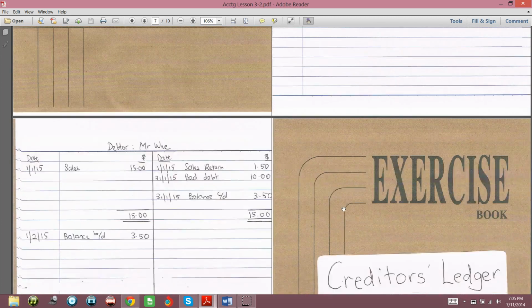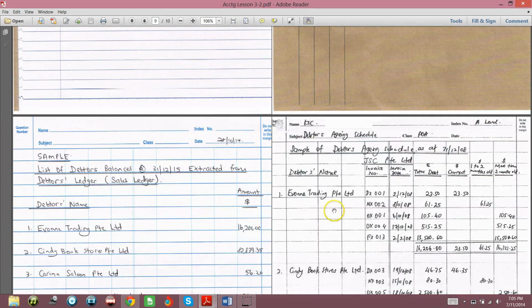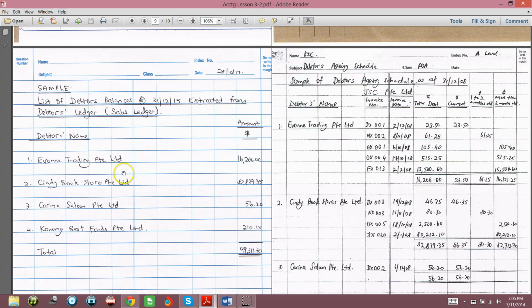At the end of the year, or at the end of every month, the boss would ask the person taking care of the debtors ledger and creditors ledger to list down all the debtors and creditors and put up the balances.